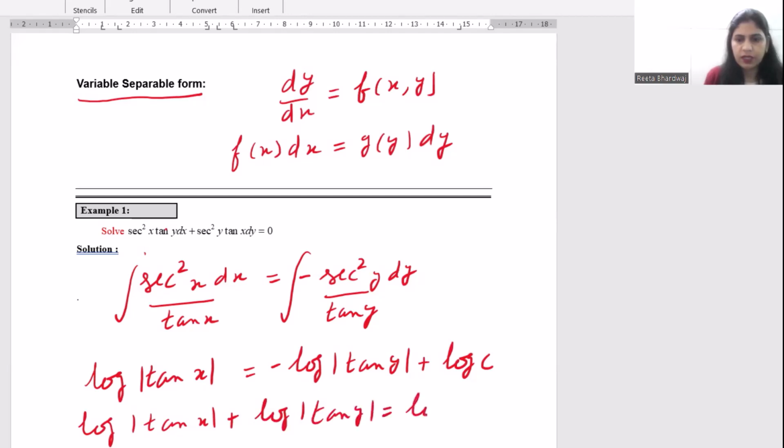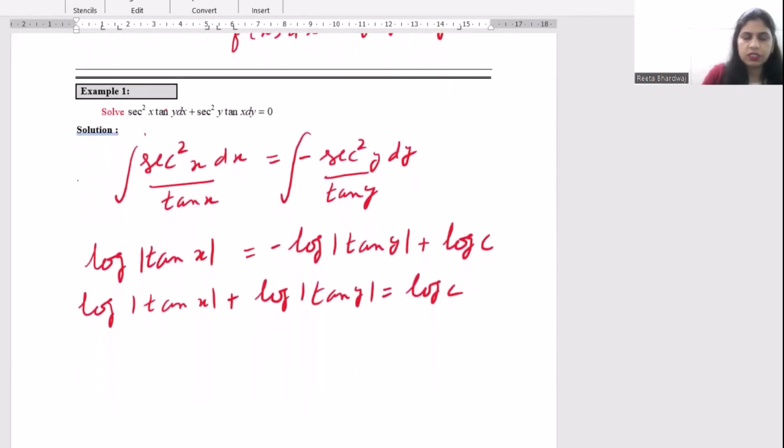tan y. Now, if you want to solve differential equations, you must be good in integrations. You can recall your concepts of integration from your previous classes. Here we know that log m plus log n has the formula log of m into n.